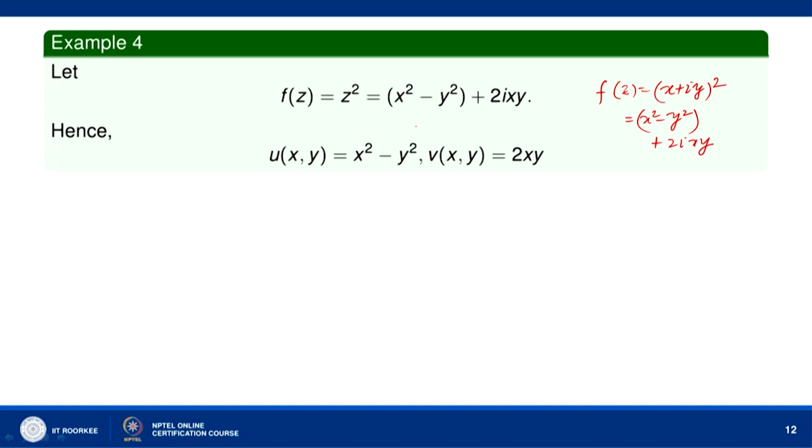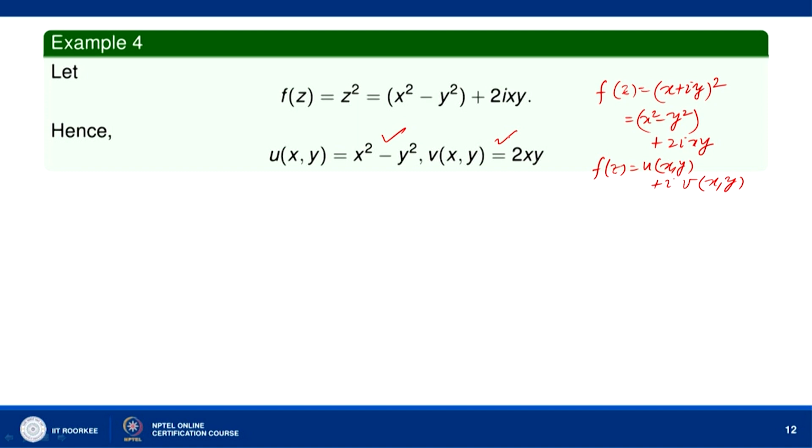So, here f(z) is equal to u(x,y) plus i v(x,y) when we write. Okay, equating real and imaginary parts, we get u(x,y) equal to x square minus y square and v(x,y) equal to 2xy.